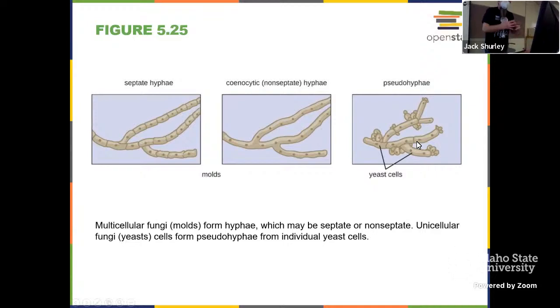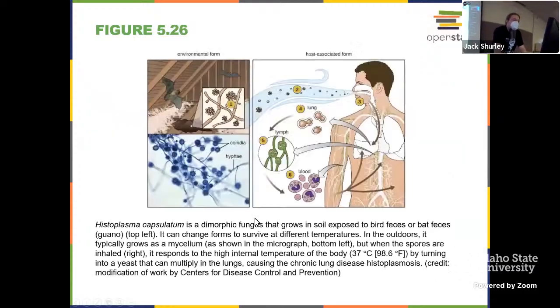It's just part of the process of reproduction, and some of it also has the potential to lend to virulence, to disease causing properties. So Candida albicans is a yeast that can produce these pseudohyphae, and it's a pathogen in us, right? And we'll see some extra stuff with that later.